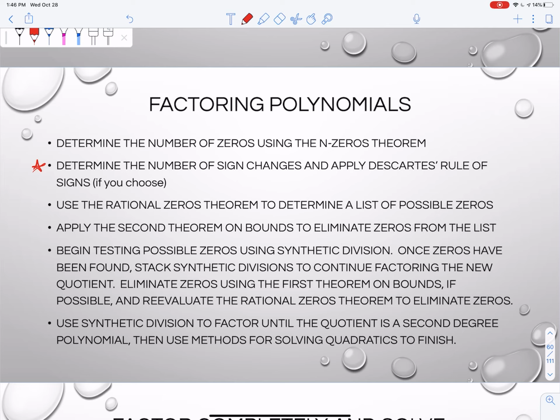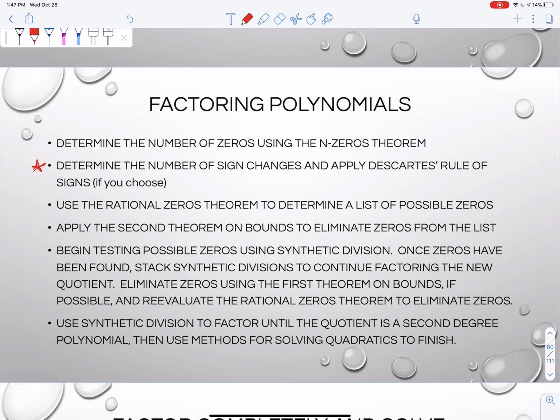However, if we have some really large coefficients in there, it is very possible that we don't actually eliminate anything with bounds. So I usually make a determination very quickly in my head whether or not it's going to be helpful.